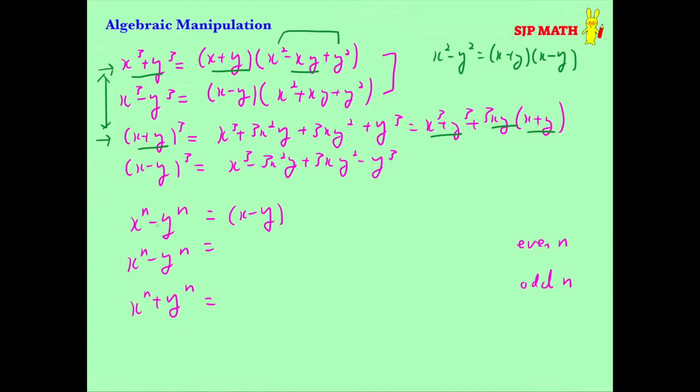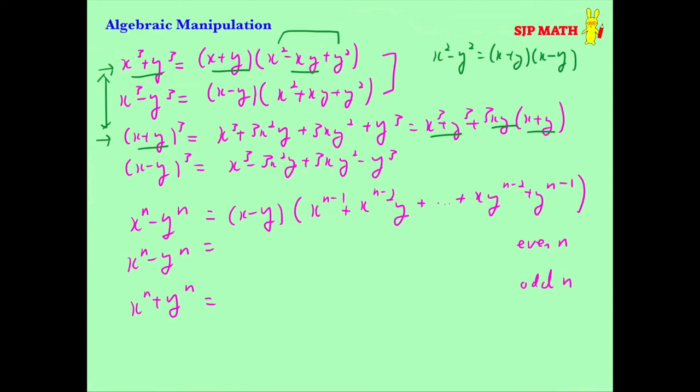So x to the n minus y to the n is actually equal to x minus y times, basically, the power of x decreasing by 1 every time, and then the power of y increasing by 1.